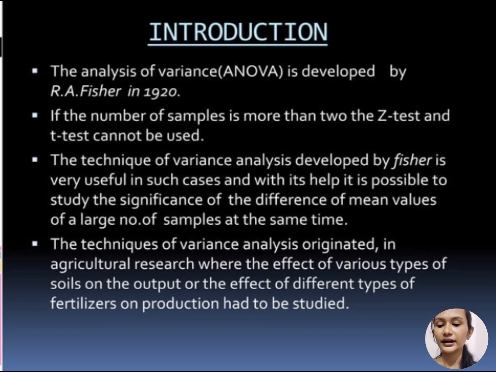The technique of variance analysis developed by Fisher is very useful in such cases, and with its help, it is possible to study the significance of the difference of mean values of a larger number of samples at the same time. The technique originated in agricultural research, where the effect of various types of fertilizers on production had to be studied.